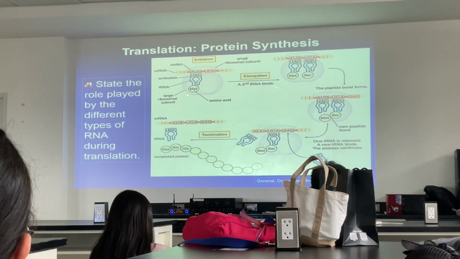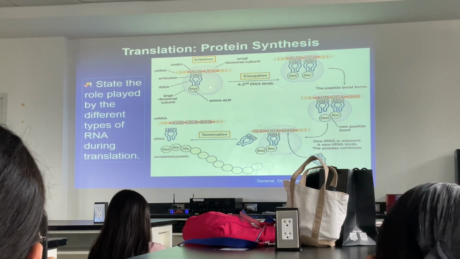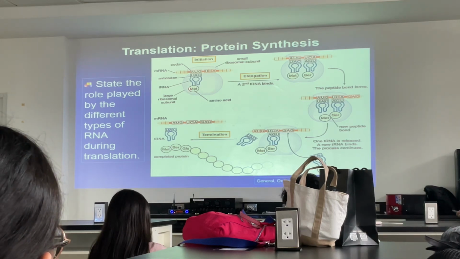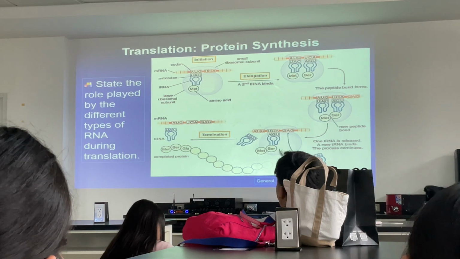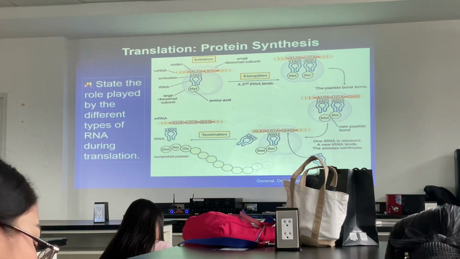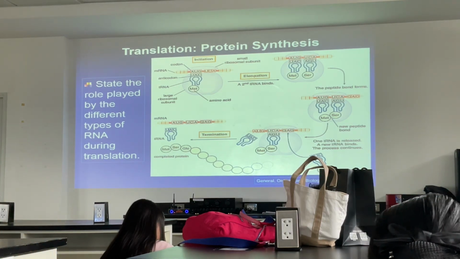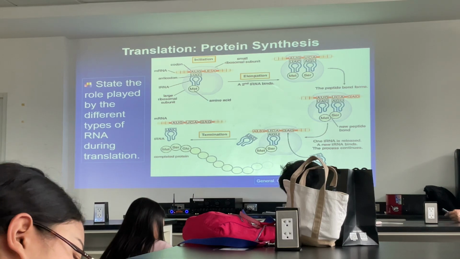A component of the ribosome is an rRNA. So the role played by ribosomal RNA is that it is a component of the ribosome, which is the site of protein synthesis.